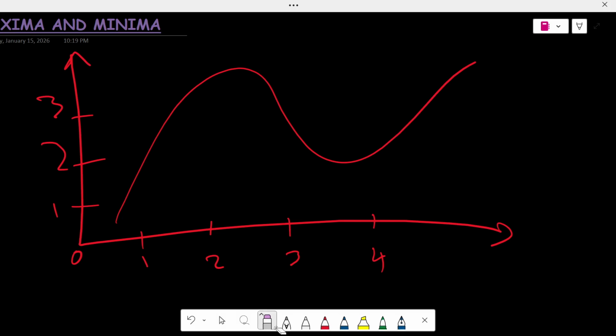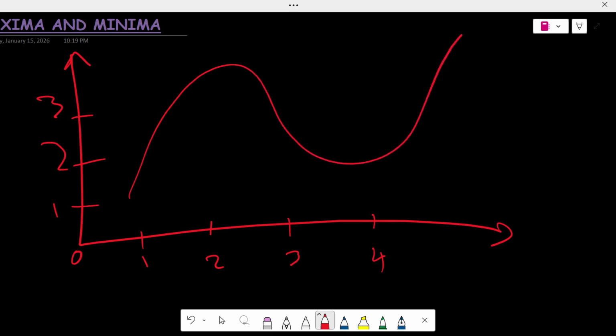Before we go to concavity, let's talk about this point and this point, right? So we said from this point the function was increasing, and from this point the function was decreasing, right? So now at this point the function is neither decreasing nor increasing.